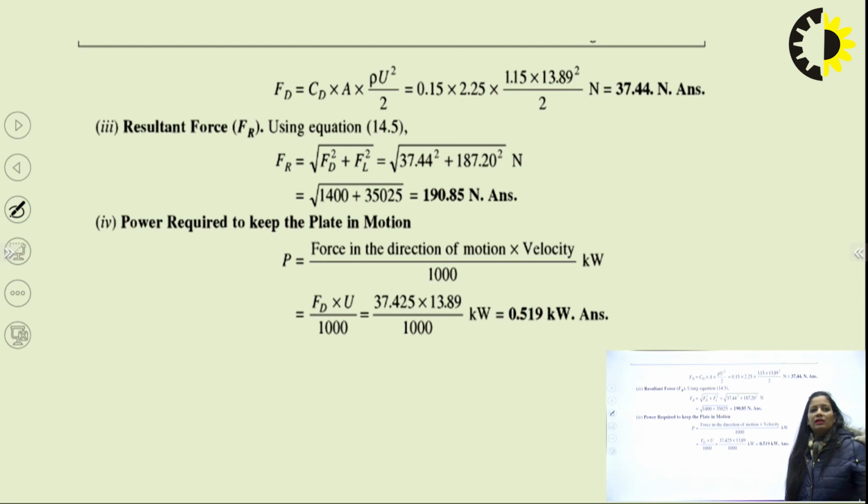The simple formula is CD multiplied by area multiplied by rho u square by 2. Here CD is 0.15, area is already calculated as 2.25, rho is 1.15, and u is 13.89 square by 2. So what you will get is FD as 37.44 Newton.